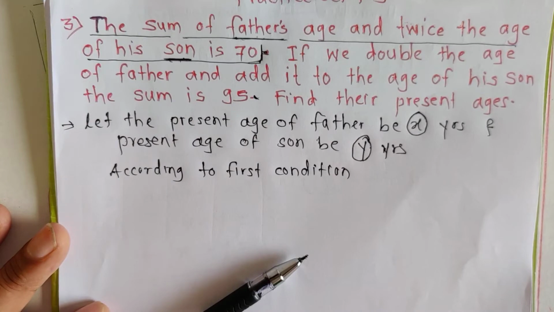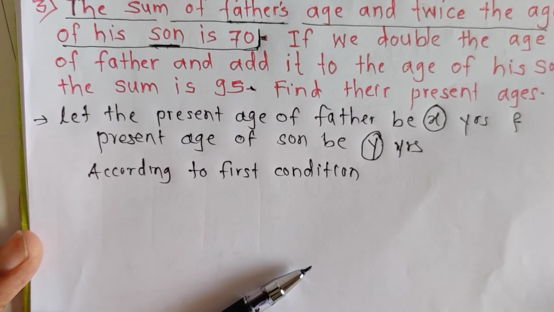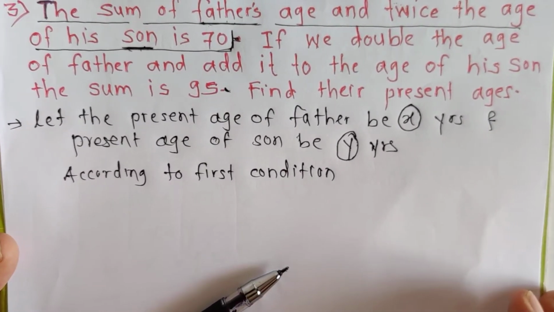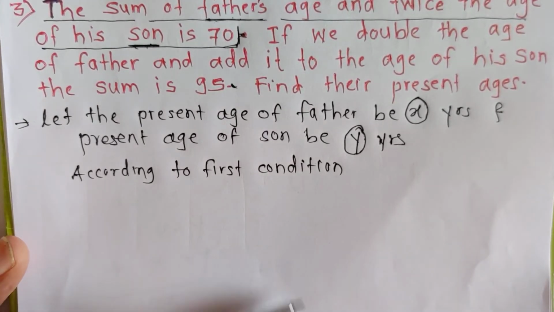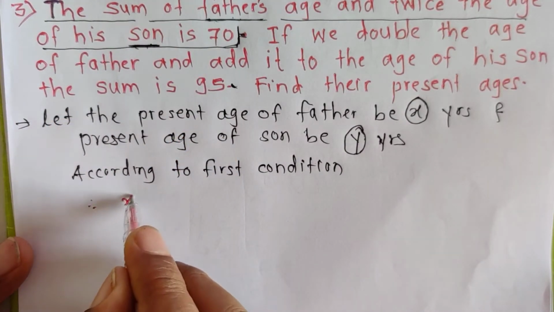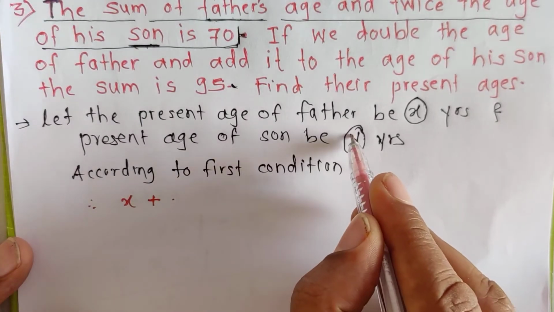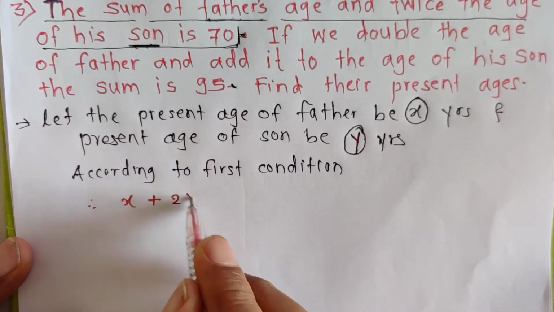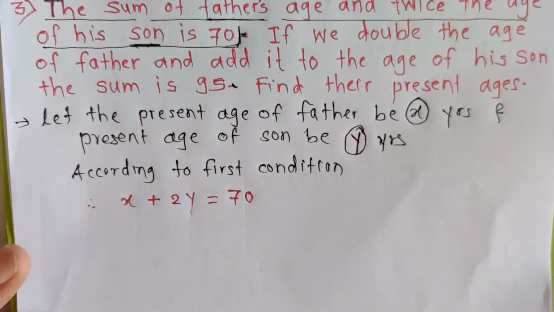So according to first condition, we get the first equation: sum of father's age, that is father's age is x, plus twice the age of his son, that is 2 times the age of a son, the son's age is y, twice of that means 2y. This sum is equal to 70.